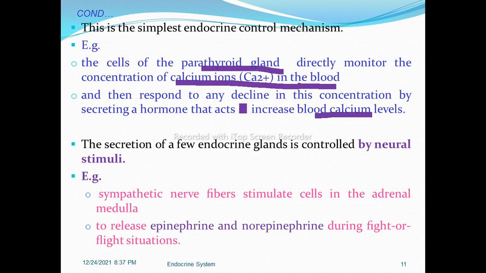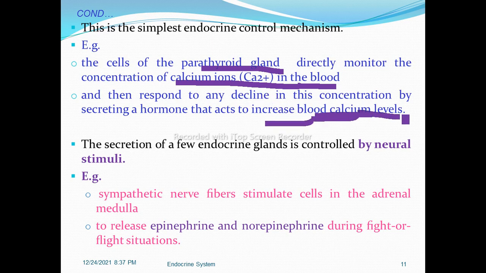This means that in the blood there is a calcium level. If the calcium ion in the blood decreases, the endocrine glands make a response to increase it by raising the blood calcium level.